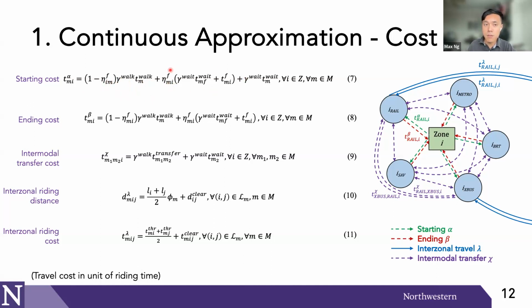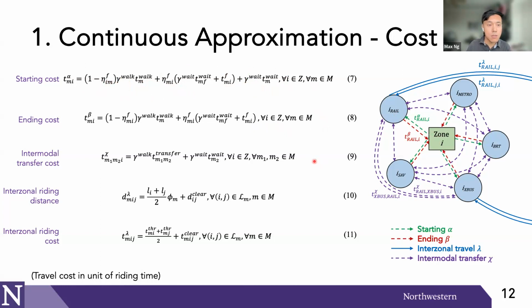And if they take feeders, then it will be the second term: there will be waiting cost for the feeders and also the traveling time on the feeder. And then the last term would be the waiting cost for the main line. So all these 3 costs combined would be the starting cost, for example, for taking rail. And then the next equation, the ending cost, will be similar, except that we don't have to include waiting cost here.